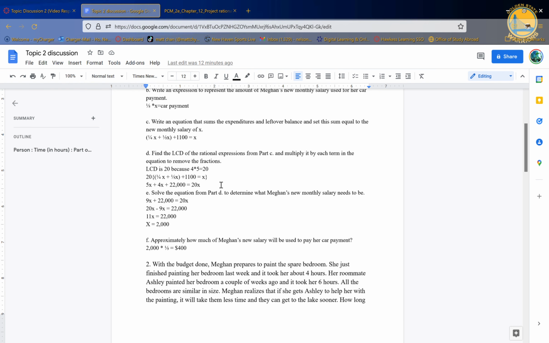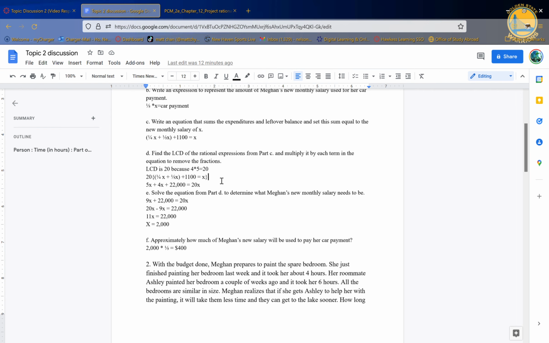For D, it says to find the least common denominator of the rational expressions from part C and multiply by each term in the equation to remove the fractions. The least common denominator of 1/4 X and 1/5 X is 20, because 4 times 5 equals 20.